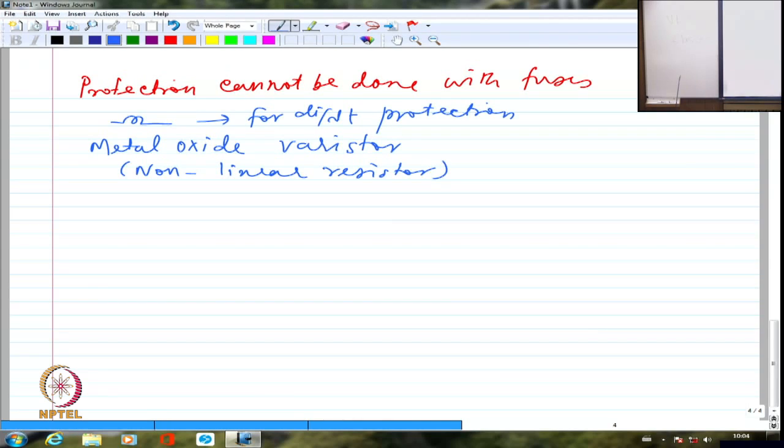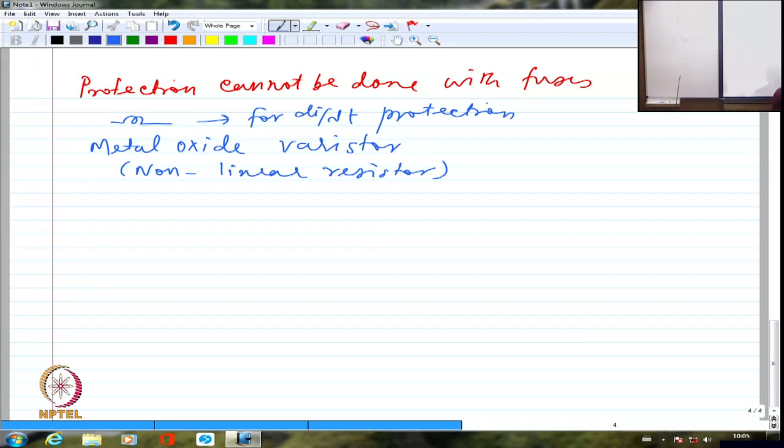Let's say it is designed for 2 kilovolts. Until you apply 2 kilovolts, its resistance will be very, very high. But the moment you apply any voltage beyond 2 kilovolts, it will break down. The resistance will become so low that it will take a huge amount of current through itself.